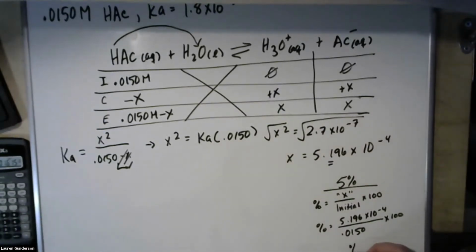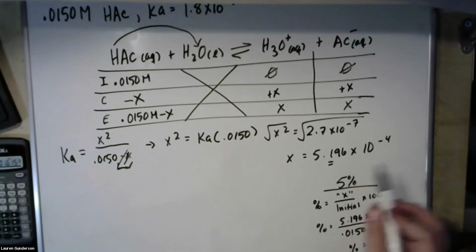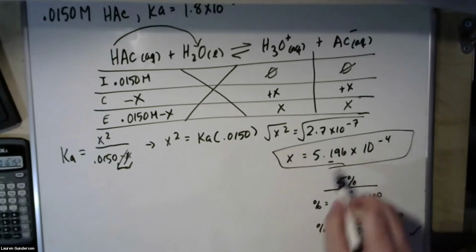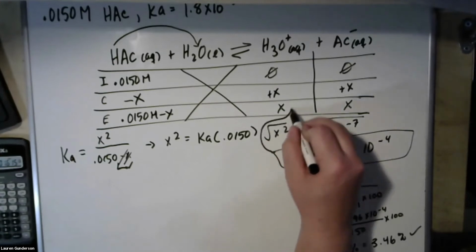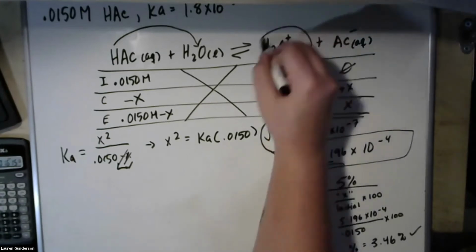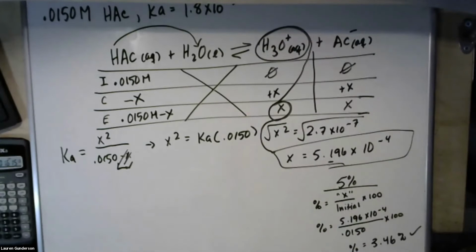All right, and I got a percent here of 3.46, which is great. That means I can keep this X value. And we want to remember that this X value is going to correspond to our hydrogen ion concentration, which we're going to use to find the pH, right?